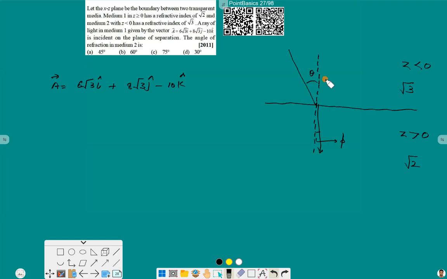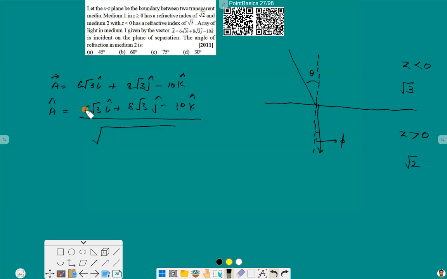Now, to find the theta, what we need to do first is convert this light into a unit vector. Only then can we do angle calculations. So here the unit vector will be 6 root 3 i plus 8 root 3 j minus 10 k divided by the magnitude.